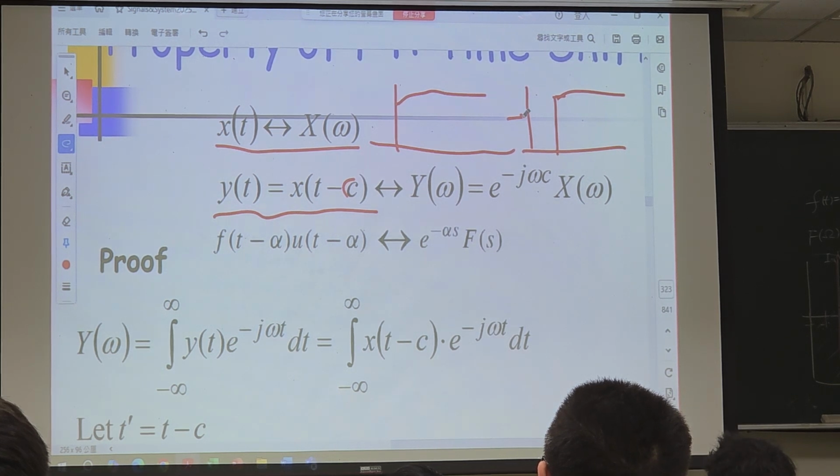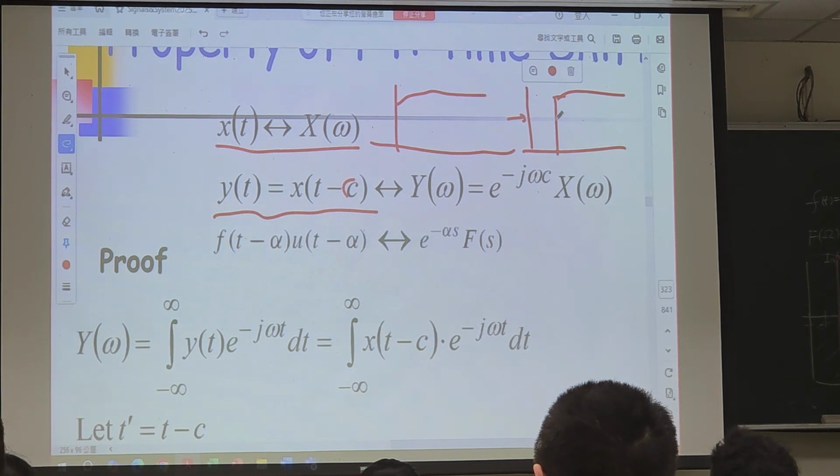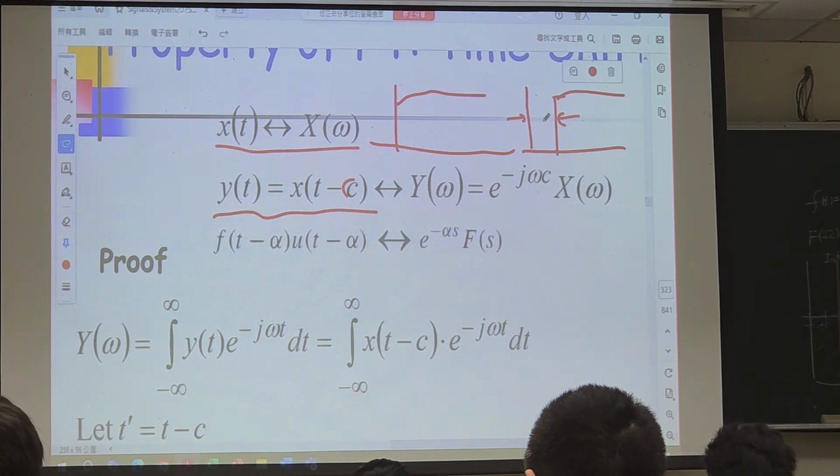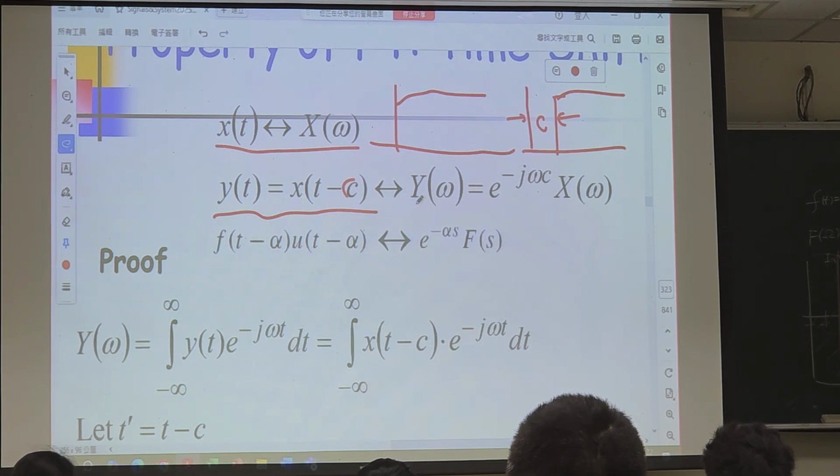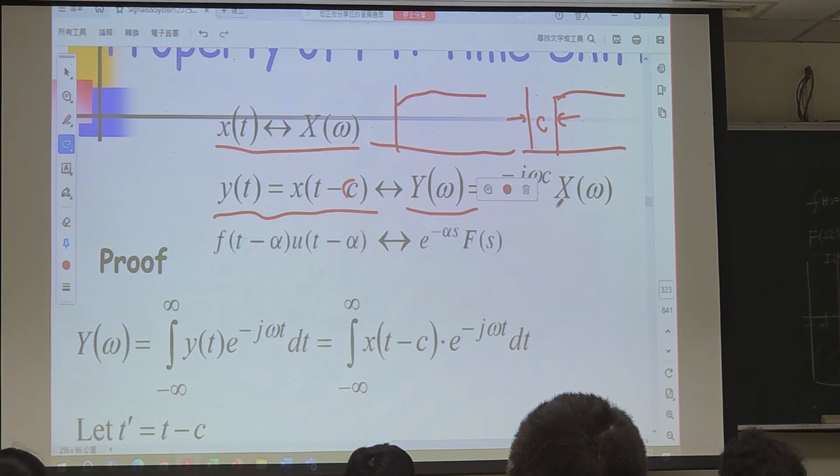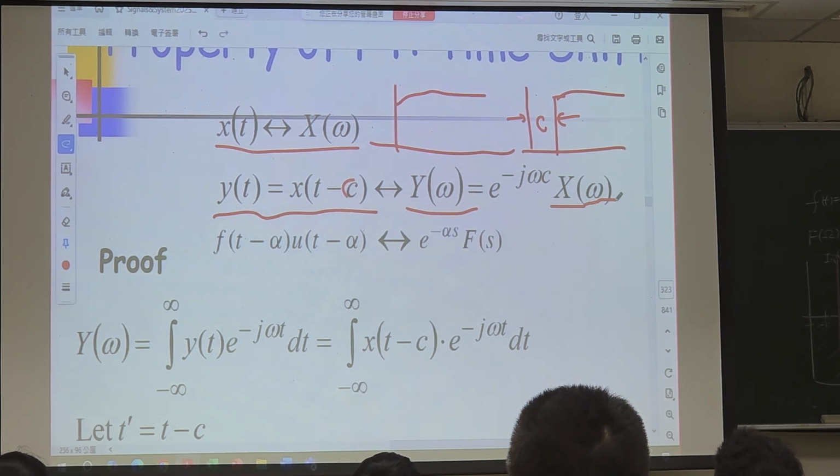Now if you take the Fourier transform of this y of t, it is equal to X of omega times the delay in the frequency domain.